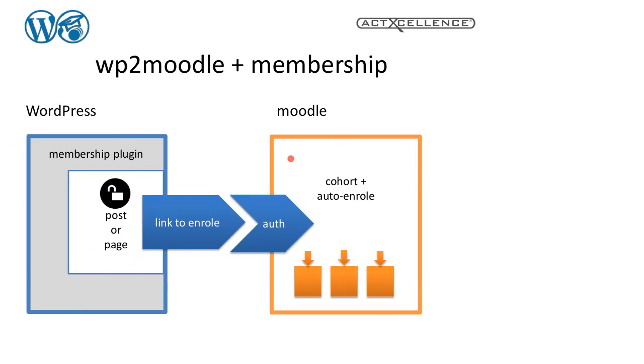You can have another account in Moodle with a different authentication procedure, but the WordPress to Moodle authentication is only accessible through this link on a post or page on your WordPress site. And the access is controlled by the membership plugin. Any questions until here? It's more complex with the next slide.